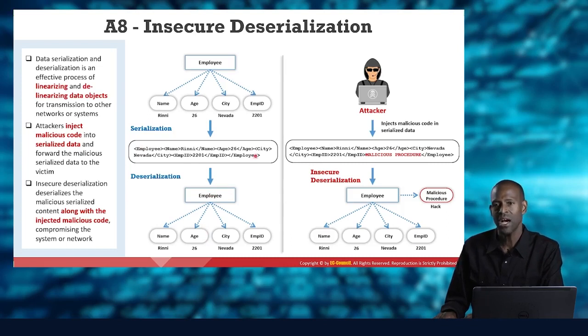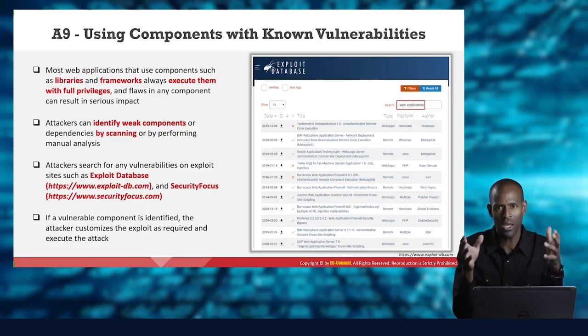But in the case of insecure deserialization, no process, no procedure is protecting this serialized data. So the attacker intercepts the serialized data and puts their own attack in it, allowing them to take down an unsuspecting user.